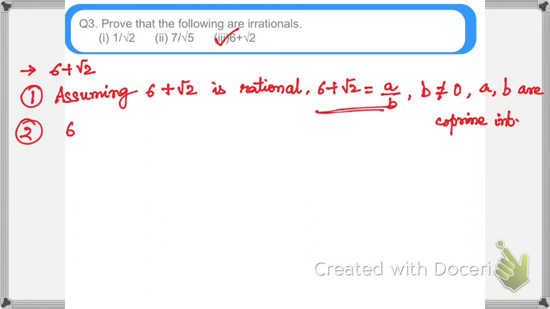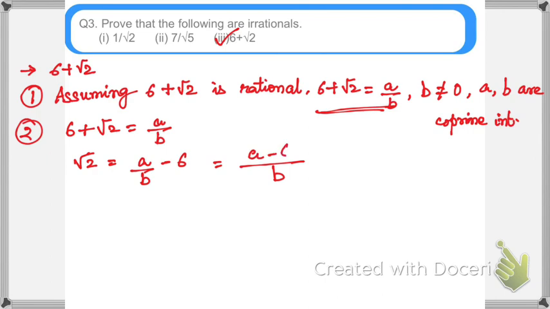So in step number 2 I'll write this equation once again. 6 plus root 2 will be equal to a by b. So root 2 will be equal to a by b minus 6, that will give you (a minus 6b) by b. But this should be rational. This is a rational number.